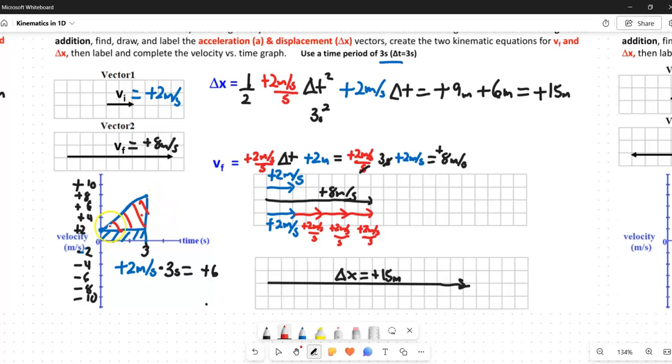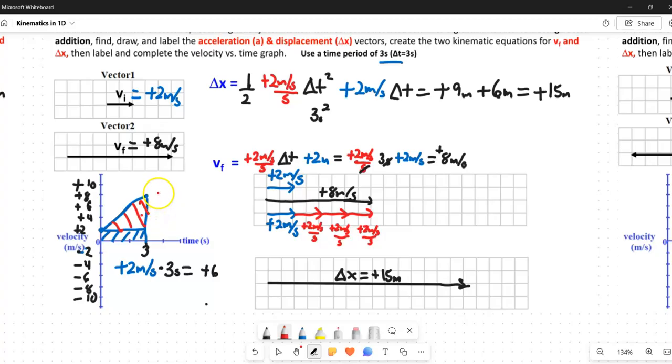So 2, 4, 6, 8. So that is 6, and 6 times 3, +18 divided by 2.